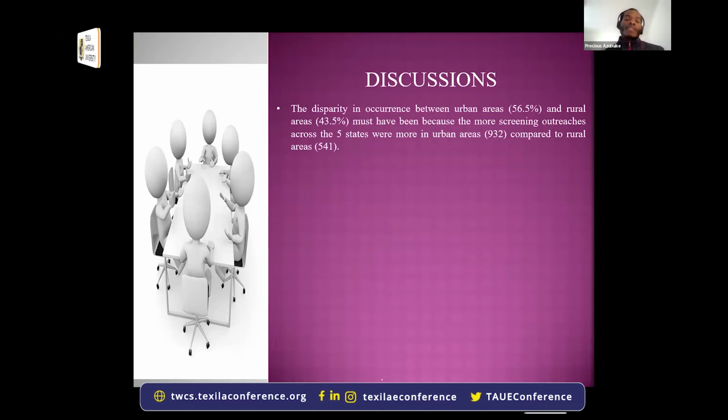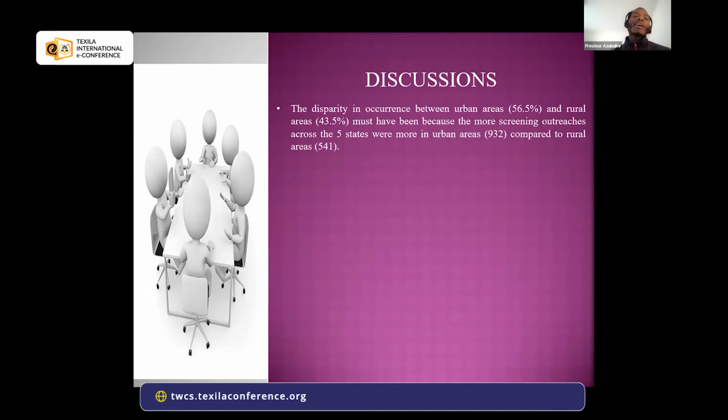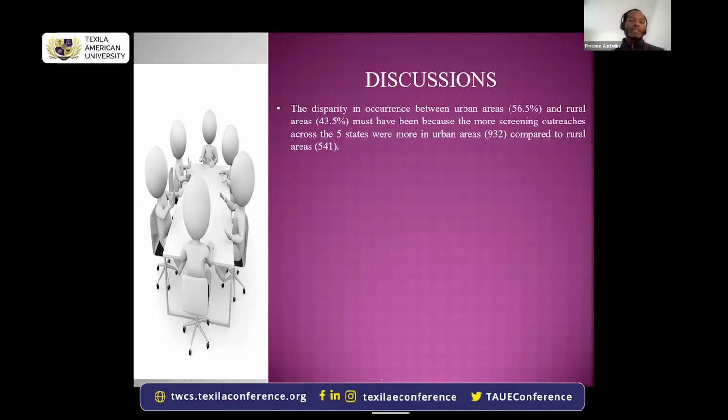As a discussion, in terms of prevalence, this may have been because most of the screening activities were carried out in urban areas. So we had more population from the urban areas, which was reflected in a higher prevalence in this area.